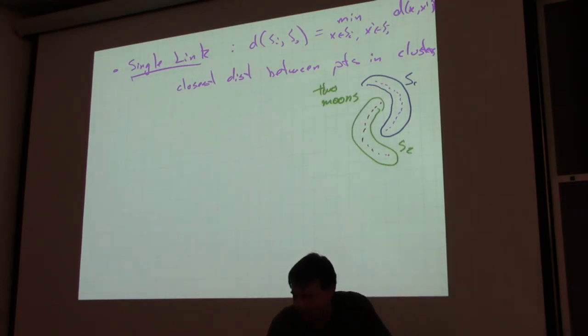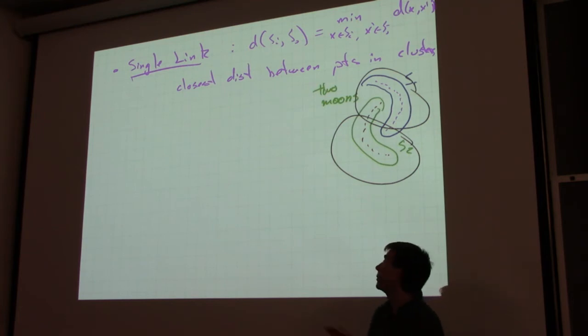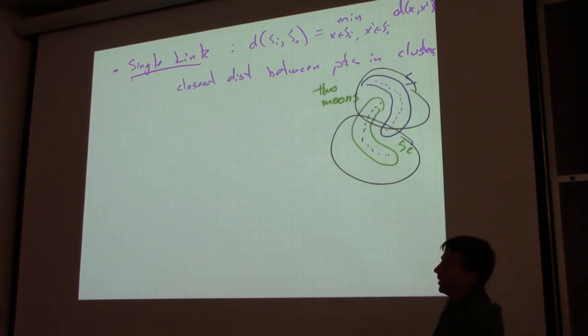Most other algorithms will instead give you two clusters that look something like this. It'll try and do it like that. That's the typical result, which is structurally different.